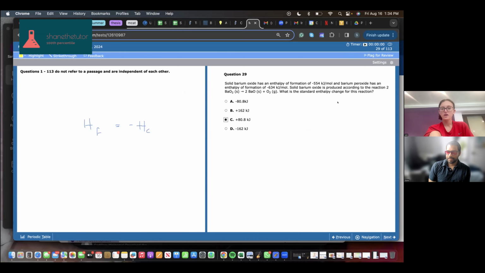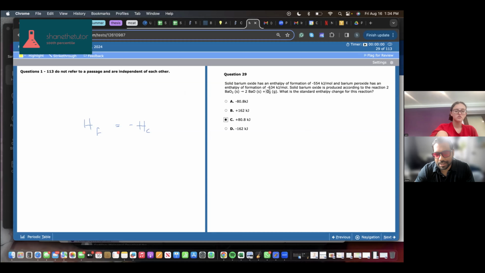Isn't the product barium oxide? So that's 554 minus 600, negative 634. So that does end up being C, right? But I forgot to consider the oxygen.